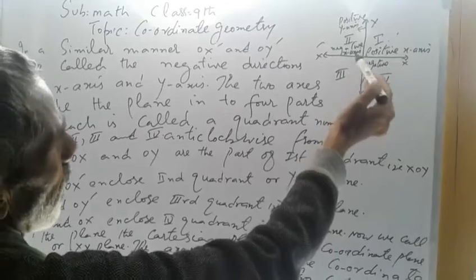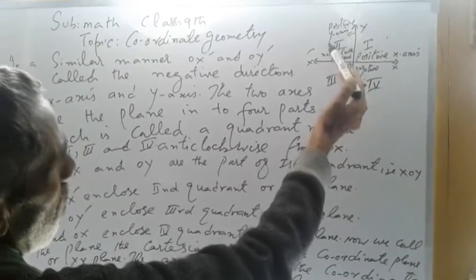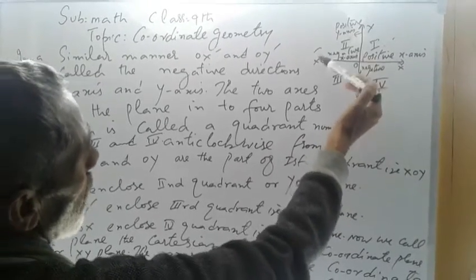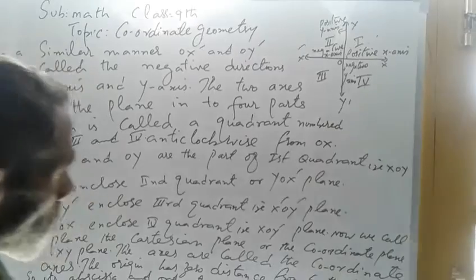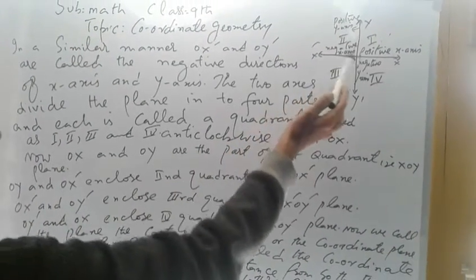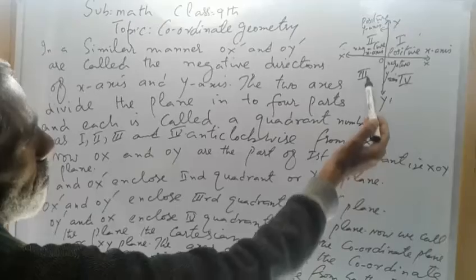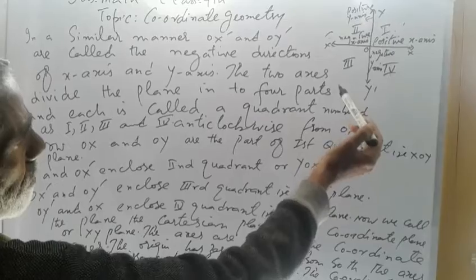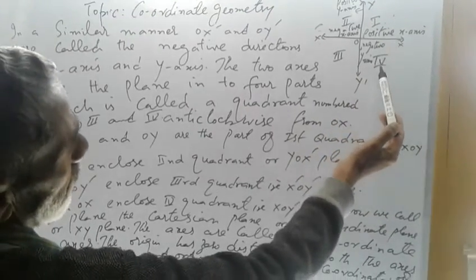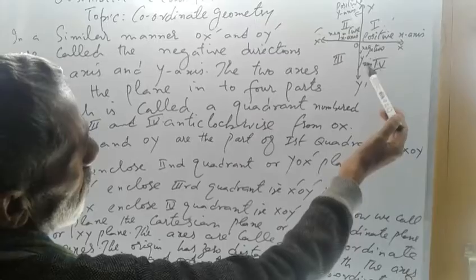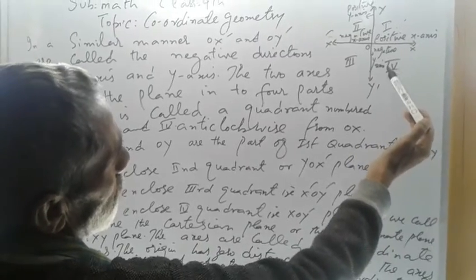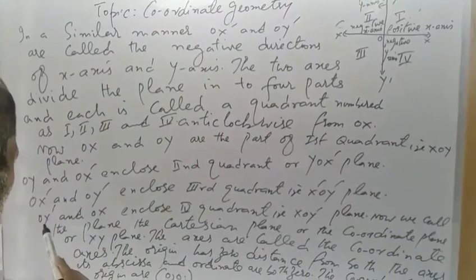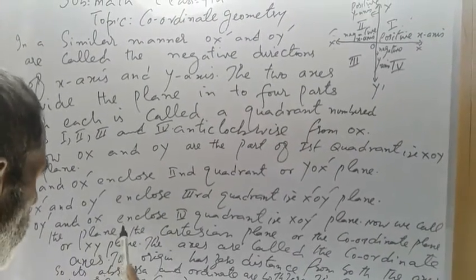Similarly, OY and OX' are the part of the second quadrant, that is the XOX'Y plane. Similarly, OX' and OY' are the part of the third quadrant, which is called the X'OY' plane. In a similar way, OX and OY' are the part of the fourth quadrant, which is called the XOY' plane.